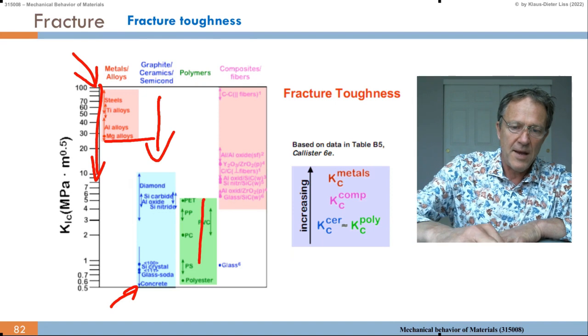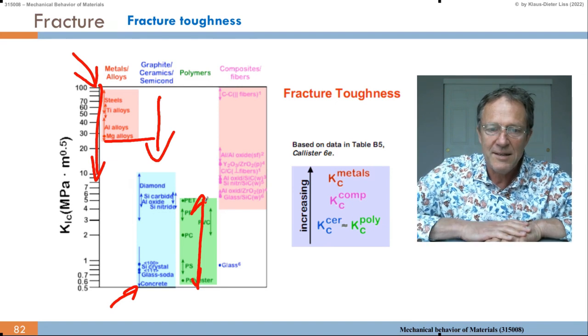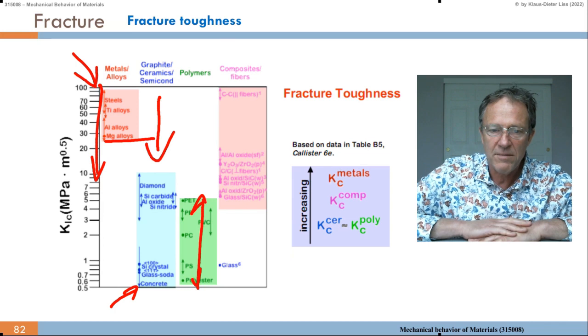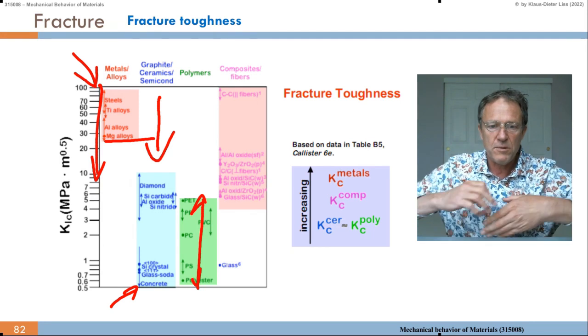Polymers, they are comparable, they overlap with the ceramics and the blue shaded ones. And then we have the composites. So composites, they are materials with one material together with another material in layered version or somehow dispersed versions.